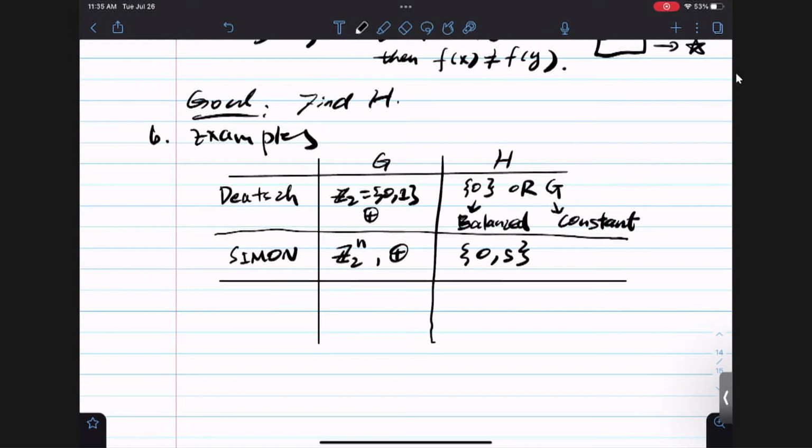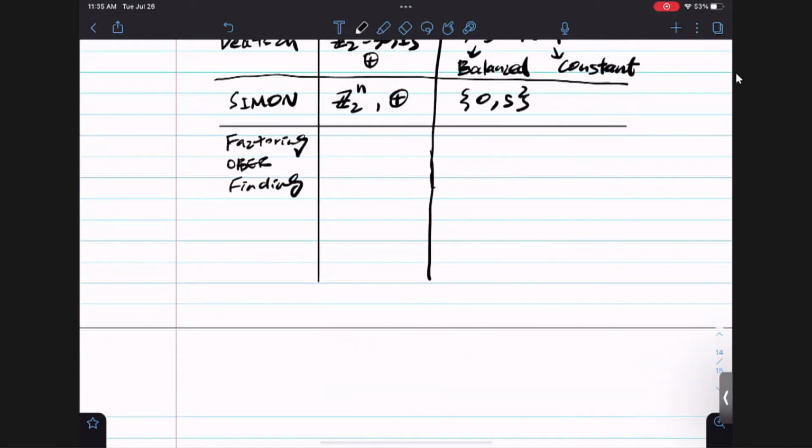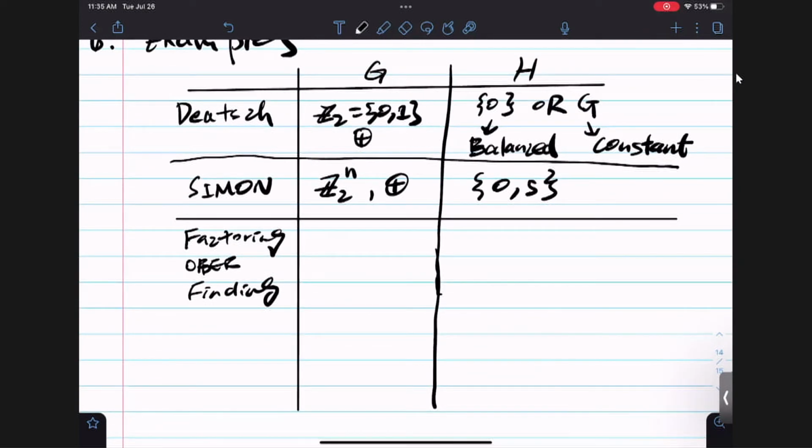All right, now coming to factoring, or rather, order finding. What's the underlying group?